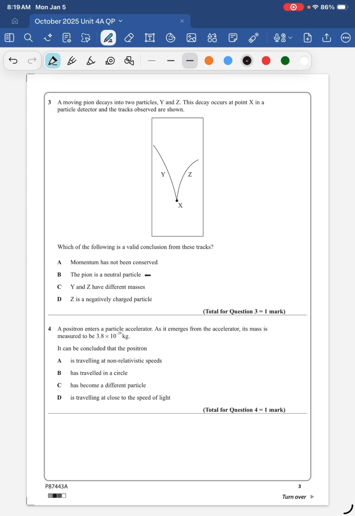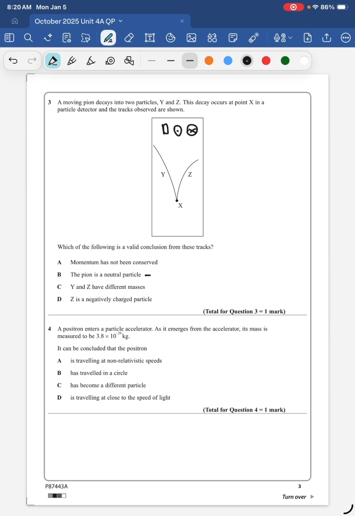Because a neutral particle decays into two particles of opposite charges. Y and Z have different masses, and Z is a negatively charged particle. The problem with options C and D is that they are not telling us, but there is a magnetic field in here, which is either out of the page or into the page.